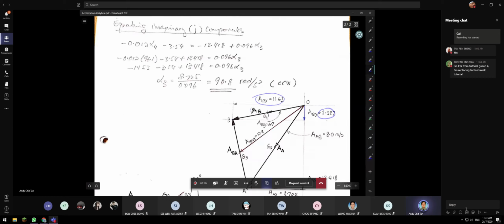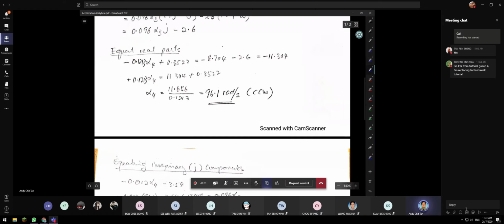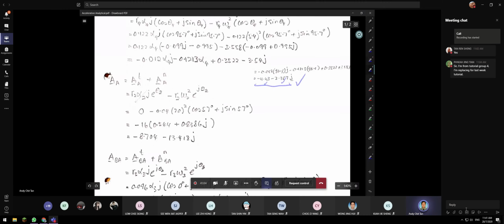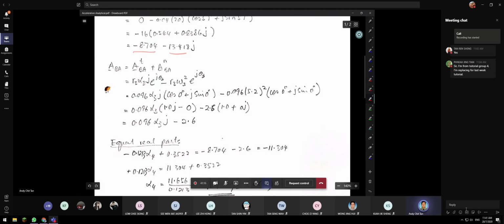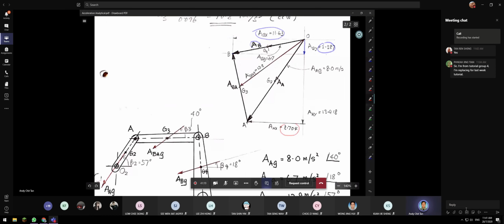Then I can draw the vector of acceleration of B. Now I go to acceleration of A, which has minus 8.7 on the real axis and minus 13.4. From these two x and y, I can find point A. Once I find A and B, I just join the line here, so this becomes my AB.